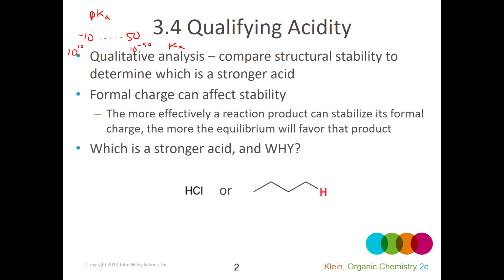And so by taking the negative log of those, we make the scale a more relatable scale. That's the main reason we use pKa. But we know that a very tiny Ka value or a larger pKa value, both of those exist for weaker acids. Right?